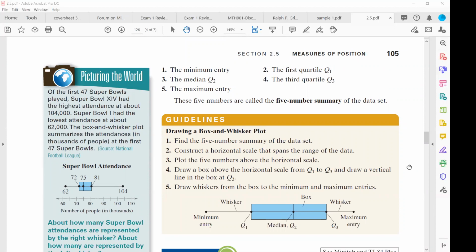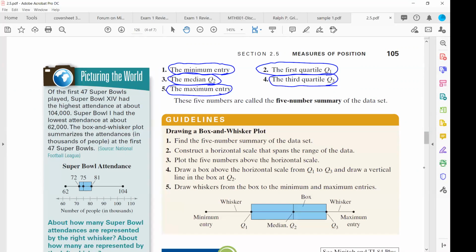First, you have to find the minimum value in your collection. Then you find your first quartile, you find second quartile or the median, then you find the third quartile, and finally, you identify your maximum data in the collection. Remember that we call these 5 numbers a 5-number summary.